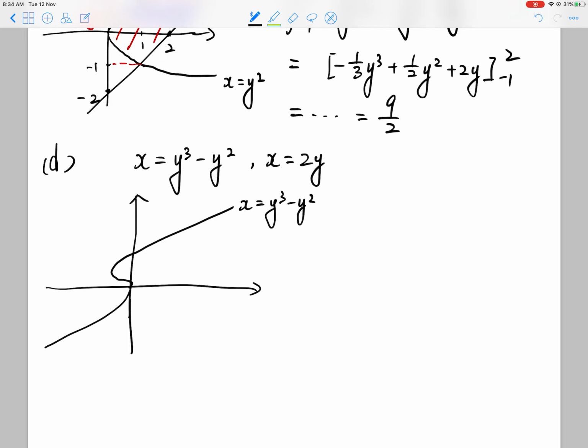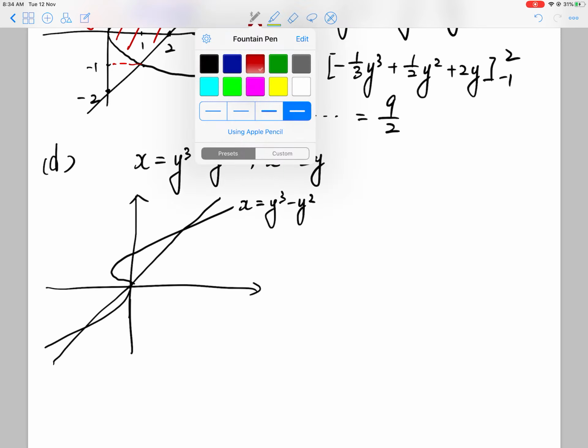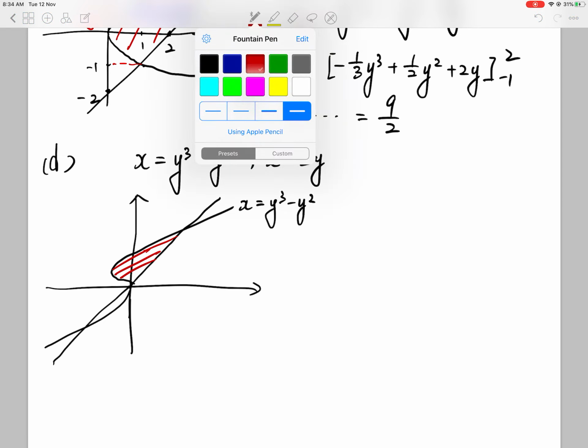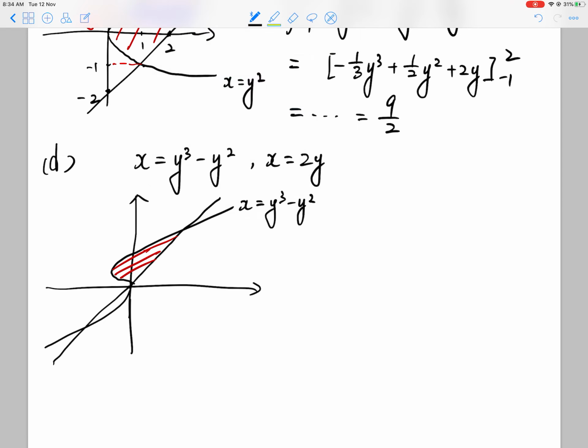Then the straight line is this. As you can see, there are two parts. Again, you have to figure out what the intersections are.